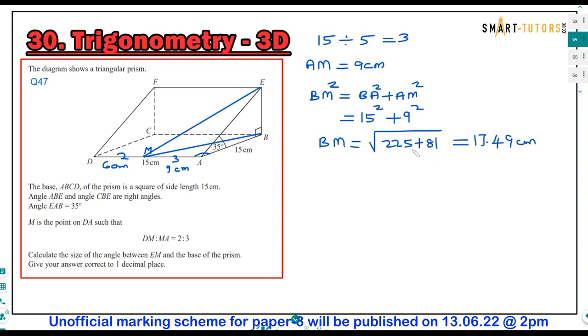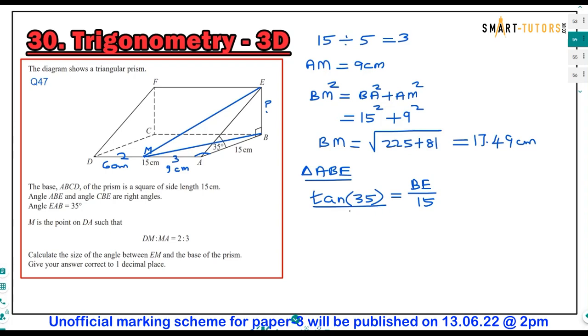Now what we are going to do, we can find out the BE, right? BE, let's say that is the question mark. So in the triangle ABE, you can say tan 35 equals BE over 15, because opposite over adjacent.